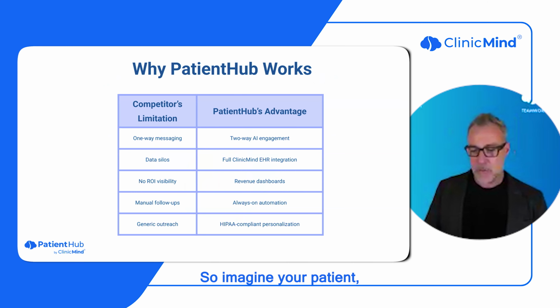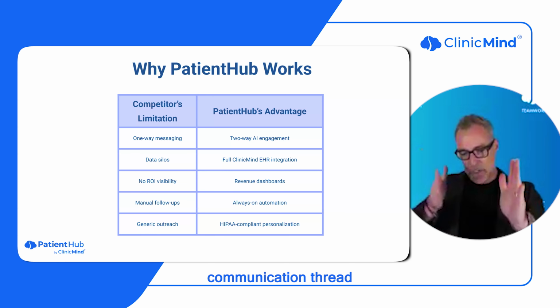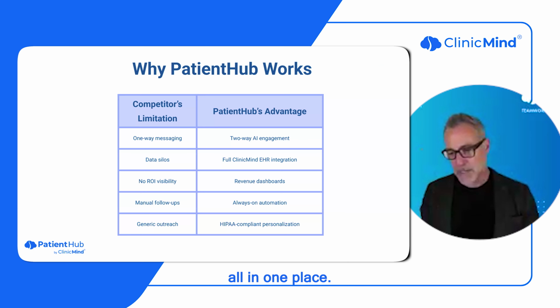So imagine your patient emails you one day, sends you an SMS another day, your automated system sends them a reminder, they message you from Facebook another day, and all the while there's one communication thread and two different team members of yours responding to those messages all in one place, so nobody is lost in the conversation. Anybody in your office can get into that conversation at any point and see a full history of all the communications that have happened with that patient.